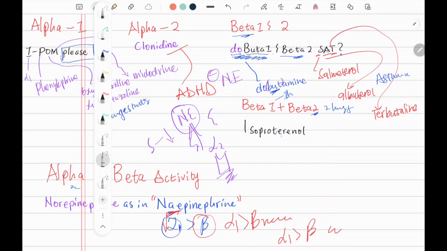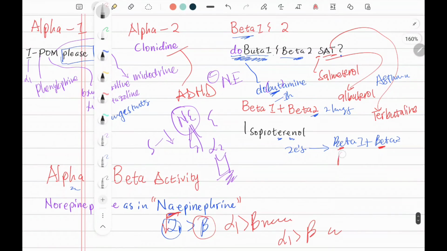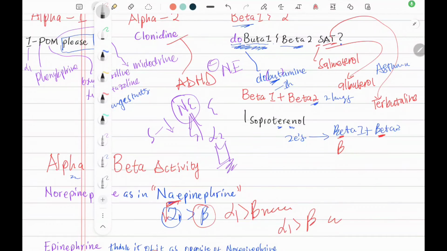And so how do you remember? Now we have 2 E's here, and so beta 1 plus beta 2, we know there are 2 E's in this word, right? These words. So isoproterenol has beta 1 and beta 2 activities.